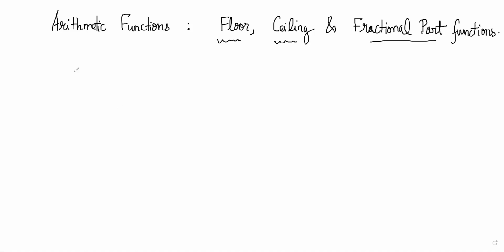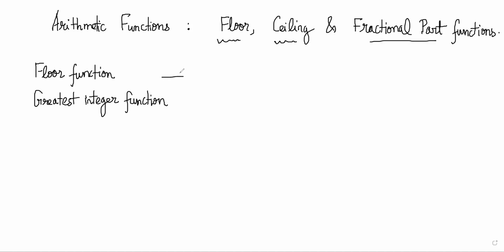Let me start by defining the floor function. The floor function is also known as the greatest integer function, or GIF. The symbol for the floor function is like this or like this.